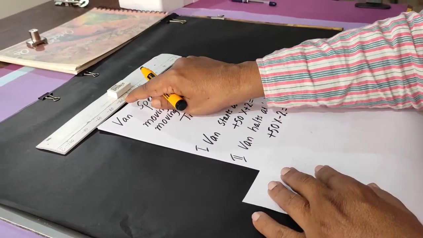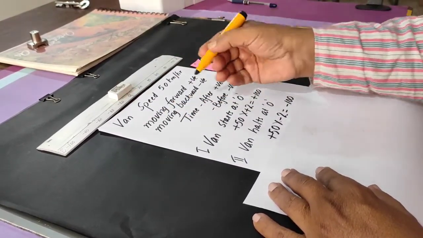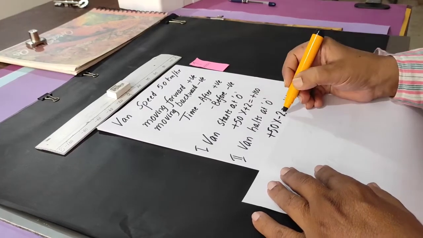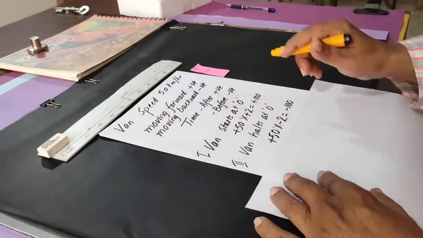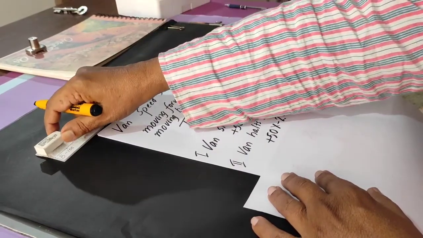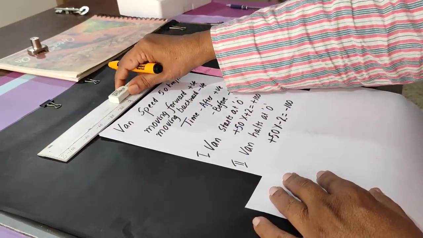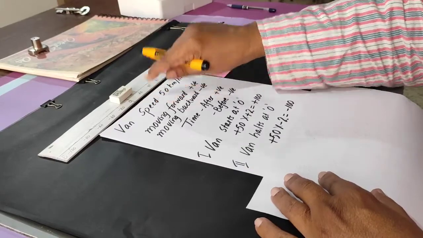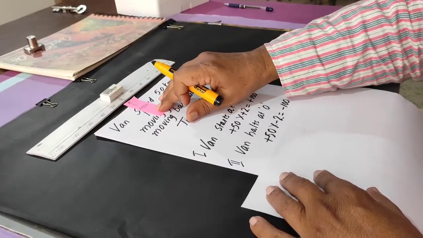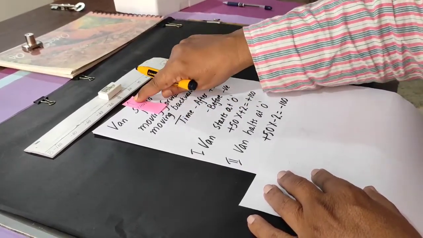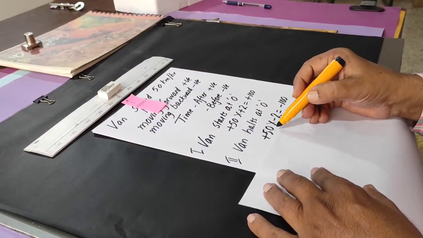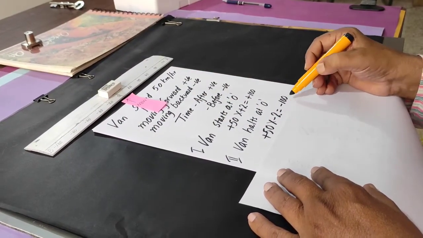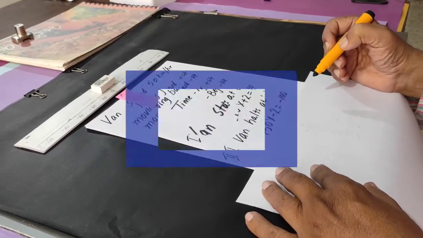So 2 hours ago, where was it? Before means it is minus 2. So definitely it was at minus 100. If it started before at minus 100 to come here, now it is at 0, it must have started at minus 100. That's why plus 50 into minus 2 is equal to minus 100.